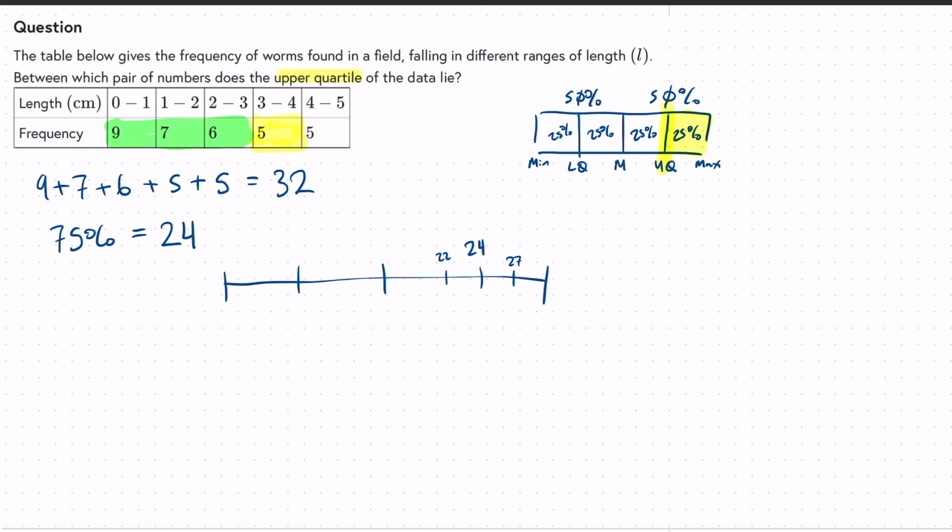The 24th data point is going to exist between 3 and 4 centimeters. Remember, this is the number that marks the upper quartile and not the whole upper quartile itself. That's what we're referring to.